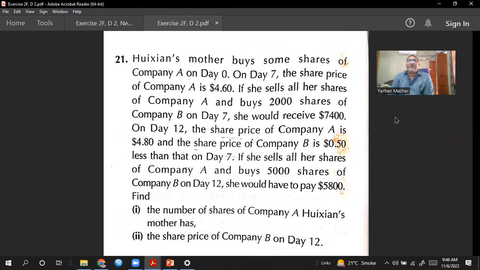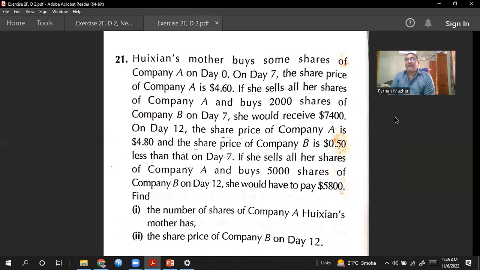Here we have: Huxan's mother buys some shares of company A on day 0. On day 7, the share price of company A is $4.60. If she sells all her shares of company A and buys 200 shares of company B on day 7, she would receive $7,400.